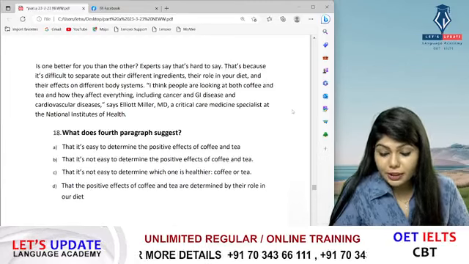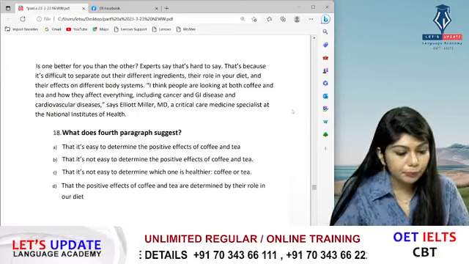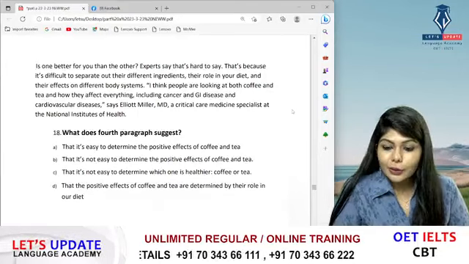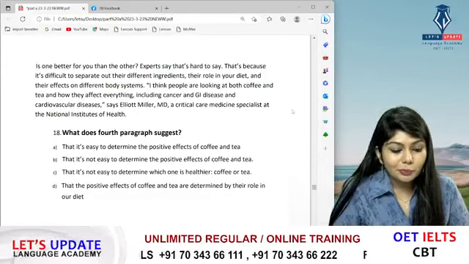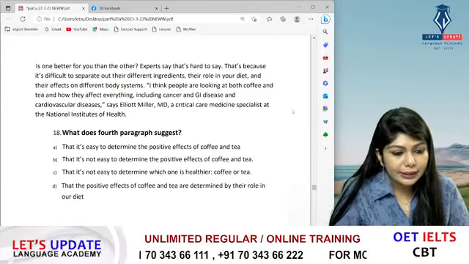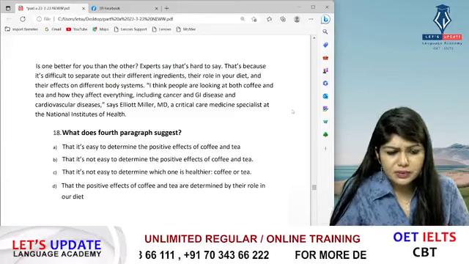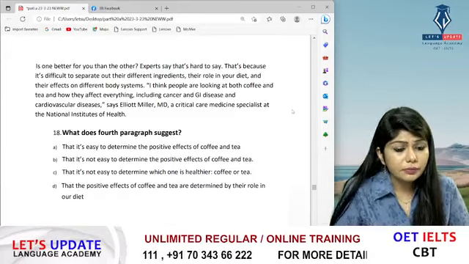Lejukianar has responded with B and Priyanka has responded with B. Okay, so let's look at this paragraph. What they are asking you is, is one better than the other?